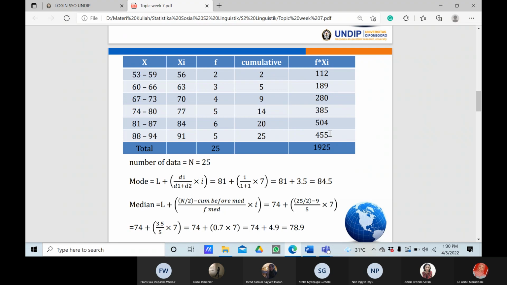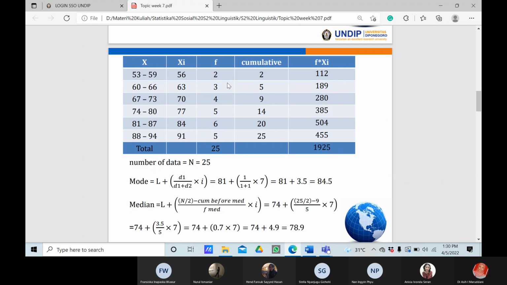And the last row will be 5 times 91, which will be 455. And the last calculation is you have to sum all the values here from the last column, and you get 1,925.